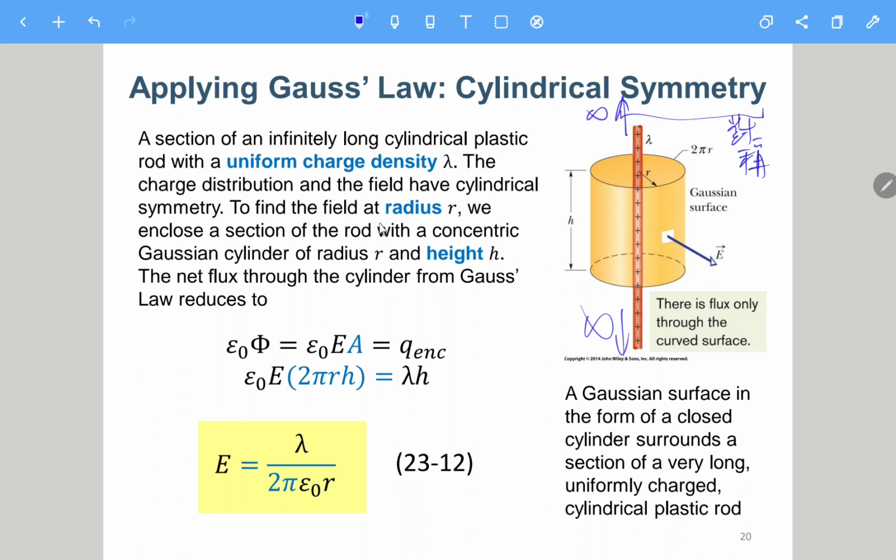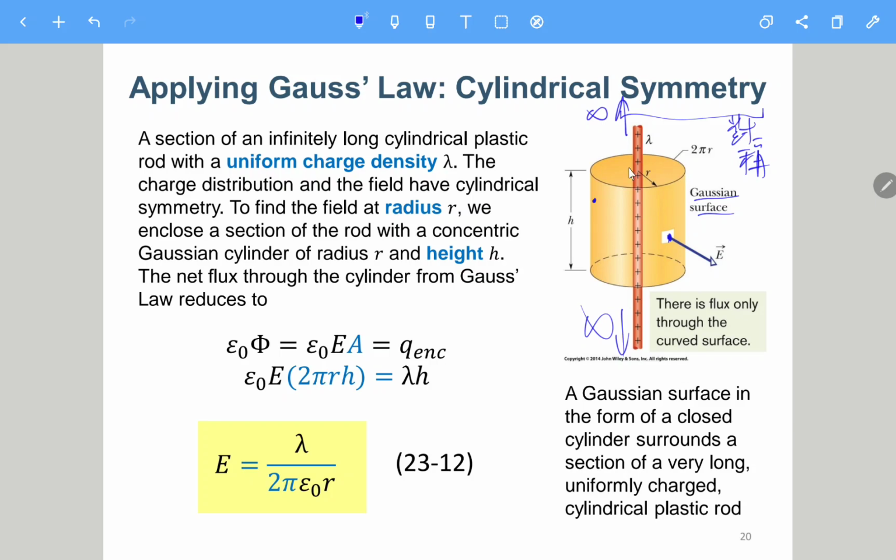To find the E field at radius r, we enclose a section of the rod with a concentric Gaussian cylinder. Here we define the Gaussian surface as a cylinder. We have a top face, bottom face, and a side face. We use a cylinder because we want to find, for example, the E field at this point or at that point.